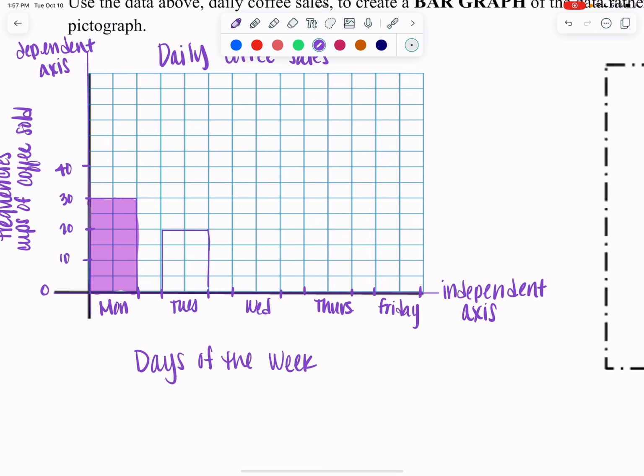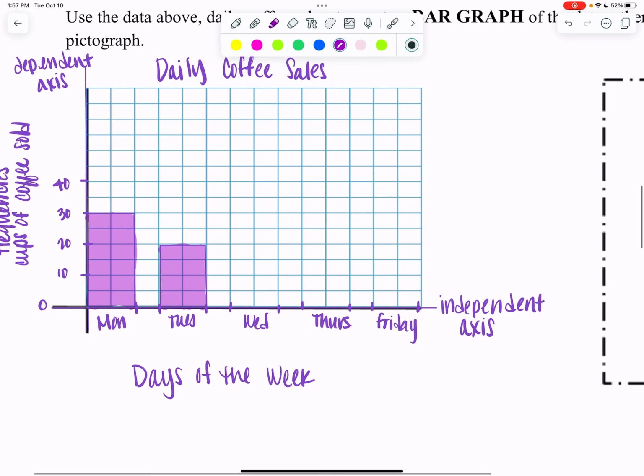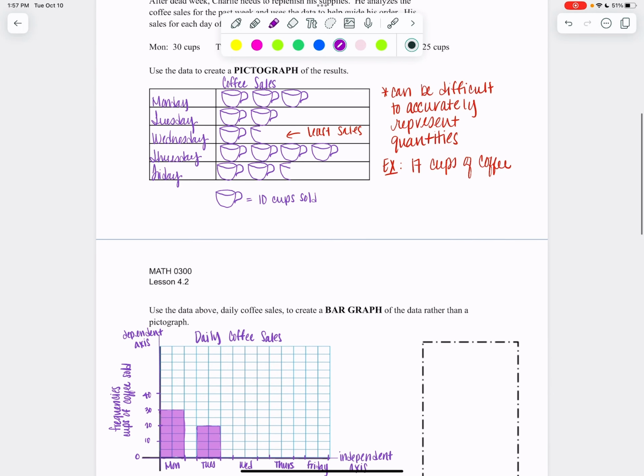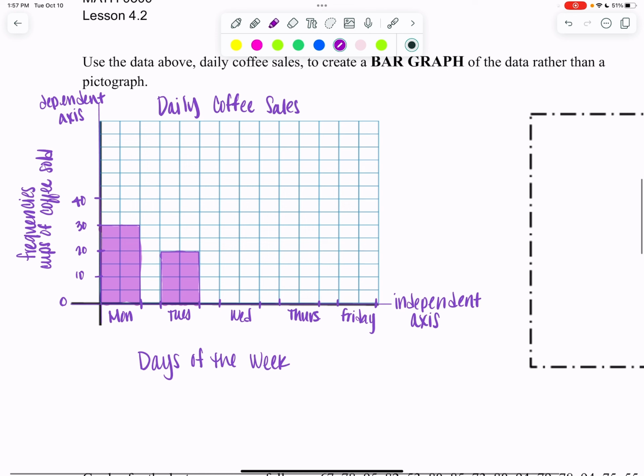So we will make the Tuesday rectangle go up to 20. Wednesday was 15. That was our smallest day. 15 would be right here.